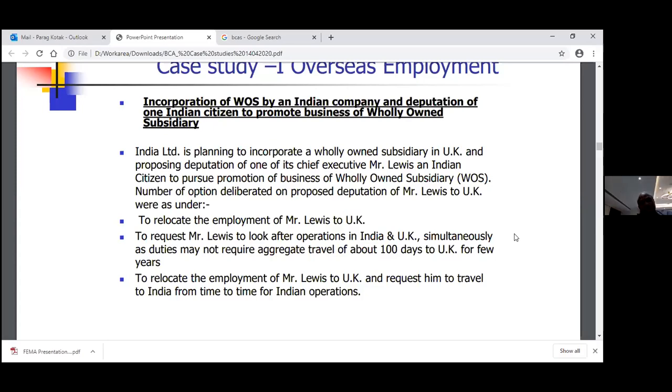So Mr. Lewis is concerned about these two provisions, whereby if he stays 100 days in UK, 120 to 140 days in India, and the rest of the time outside the two countries, then probably he would be regarded as a resident in India.